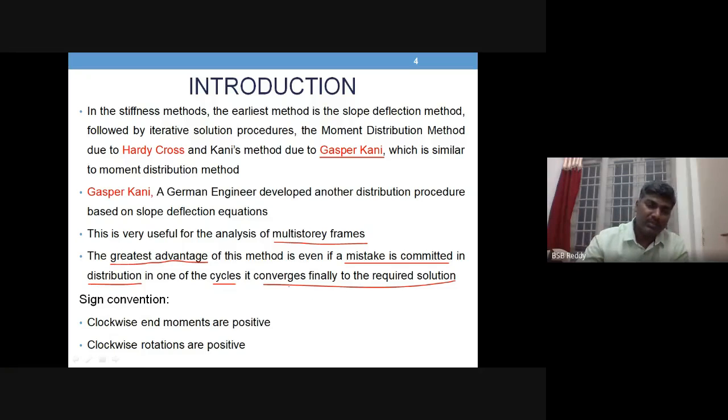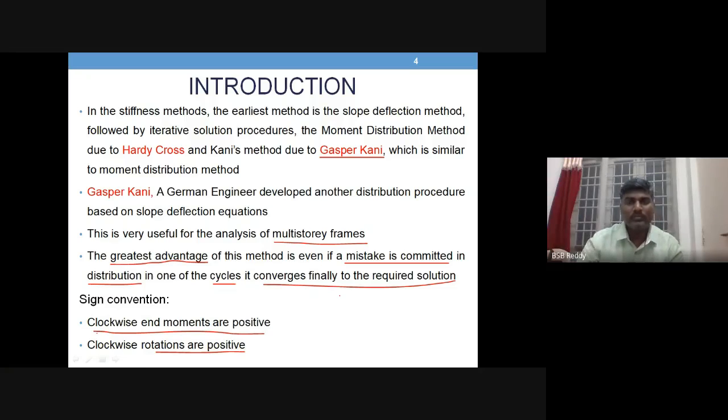So the sign convention we will follow as before. All clockwise moments are positive, and clockwise rotations are also positive. So theta clockwise positive and moment clockwise positive.